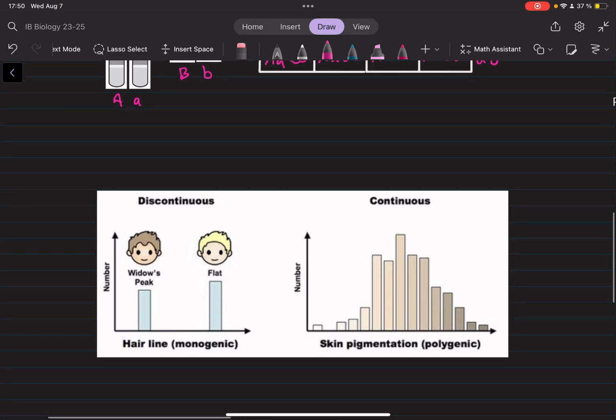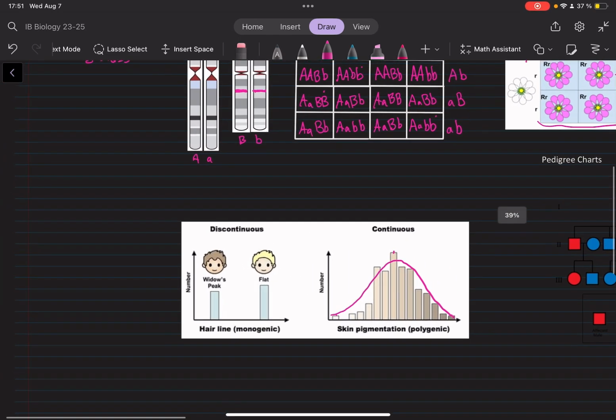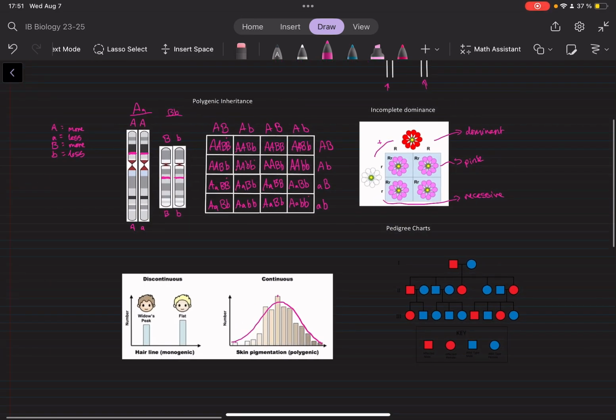And from polygenic, you also get this average line. Most people in the world, or for example in this data, would be this skin color, and then this would be the range. People with really, really light skin and also really, really dark skin would be less likely to occur versus the highest point. So yeah, that's polygenic inheritance.